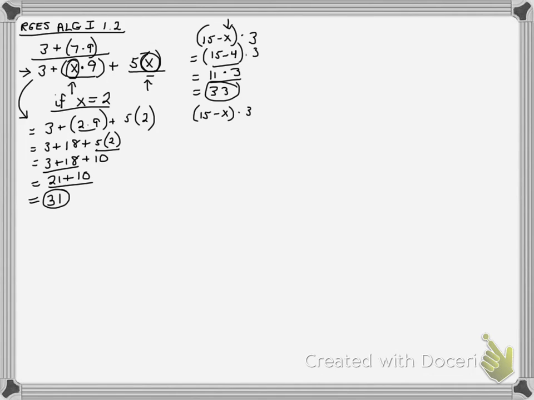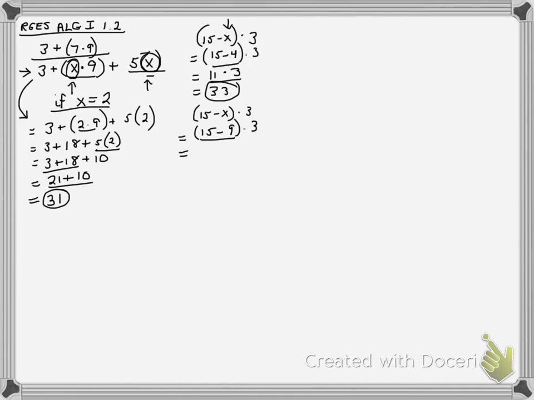The next problem, notice, is the exact same expression, but now it says substitute 9 for x and evaluate. So this time I would have to plug in, every time I see an x, I want to now write a 9. And remember, substitution is your first step.